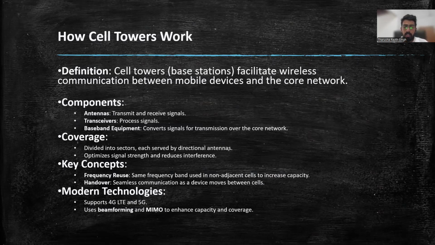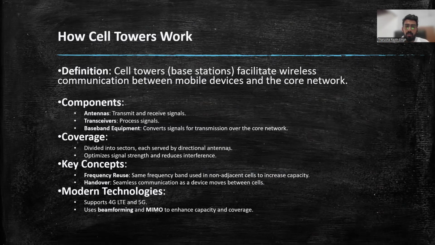From that, it enhances capacity and coverage. Beamforming focuses the signal in specific directions, improving signal strength and reducing interference. MIMO uses multiple antennas to transmit and receive data simultaneously, increasing data rates and reliability.